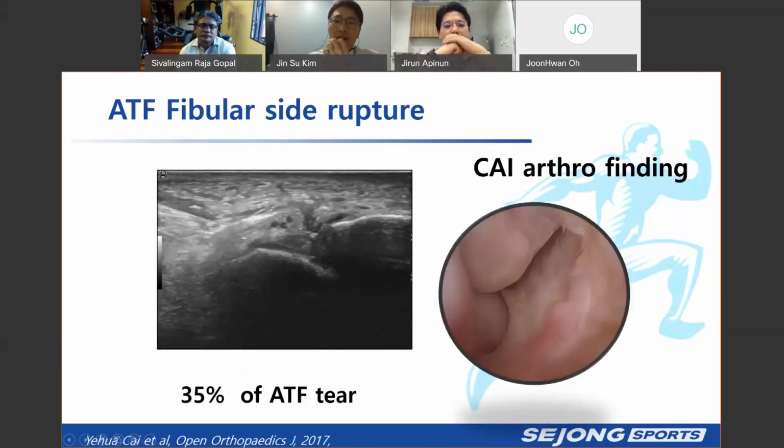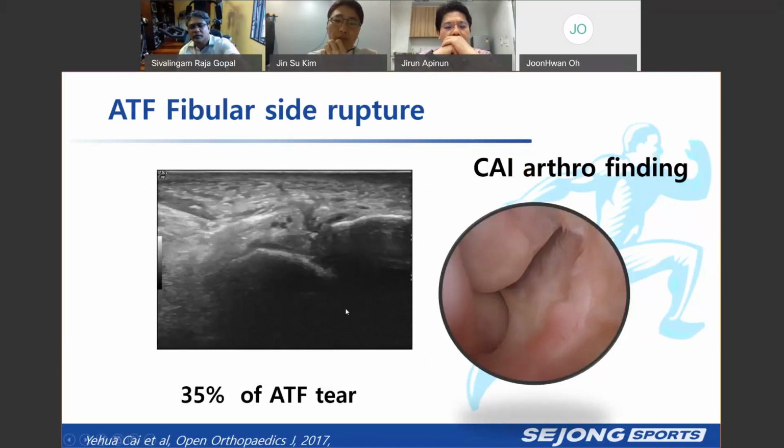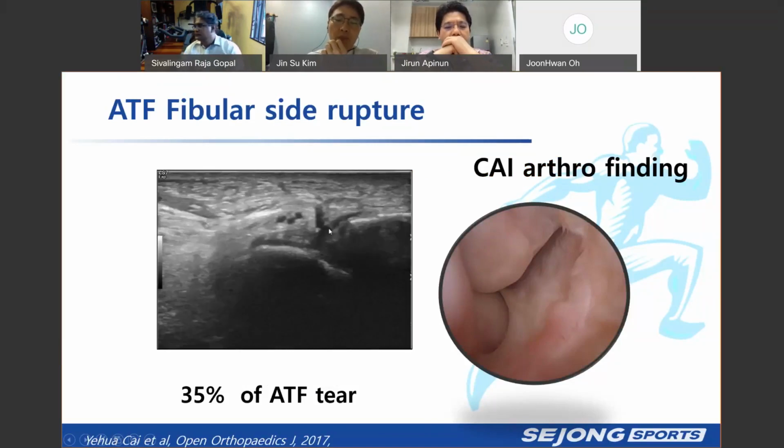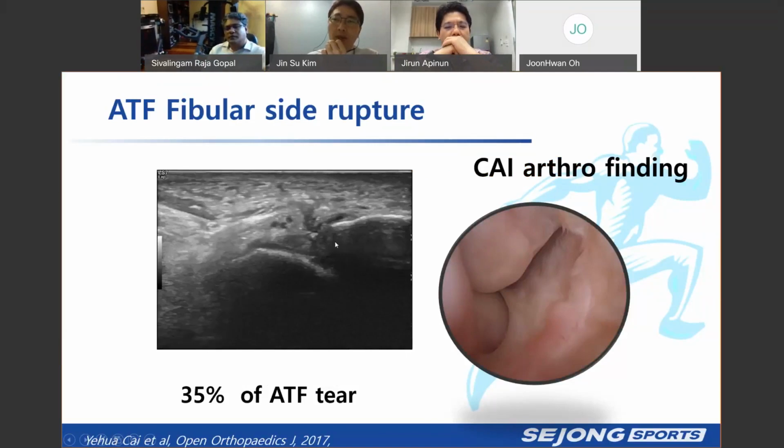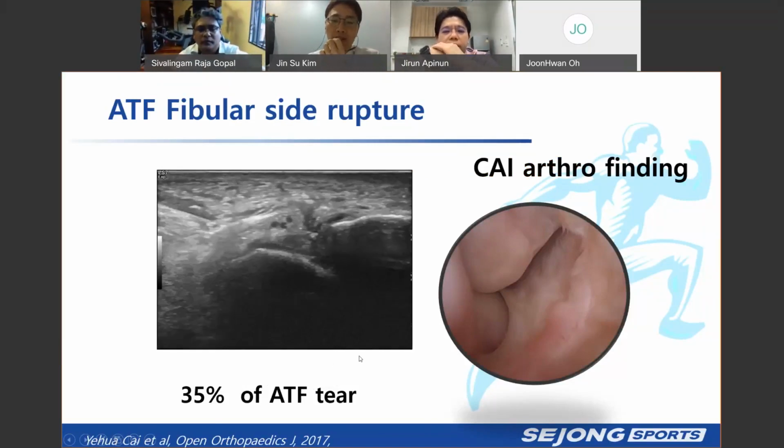So in the clinical setup, we can easily diagnose this bone-ligament avulsion tear. Here the ATFL is torn from the fibula side. In my MRI cases, 35% of ATFL were torn at the bony side in the chronic ankle instability MRI study.